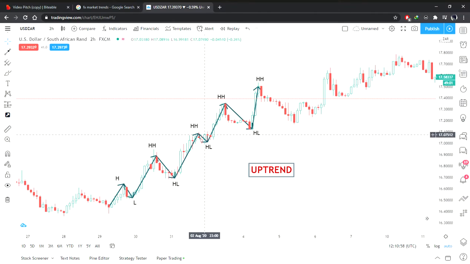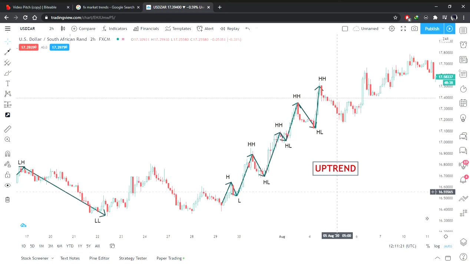So when the market is moving in this particular pattern, we say the market is in an uptrend. So whenever you are making your analysis, you are looking for possible buys, you are looking for opportunities to enter the market to the upside. Keep it in mind, the trend is your friend.